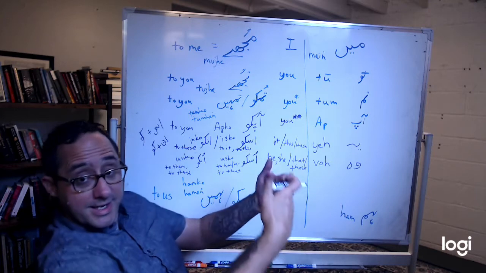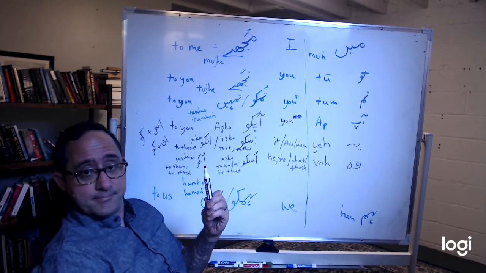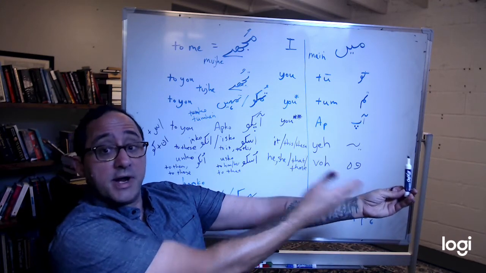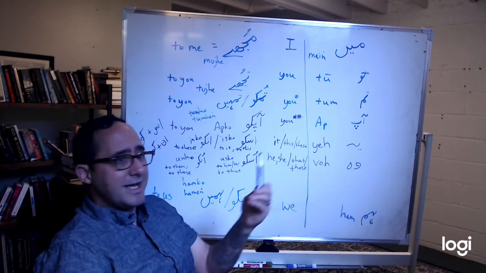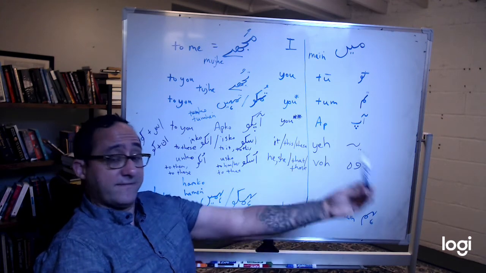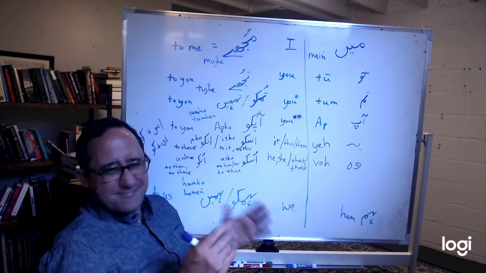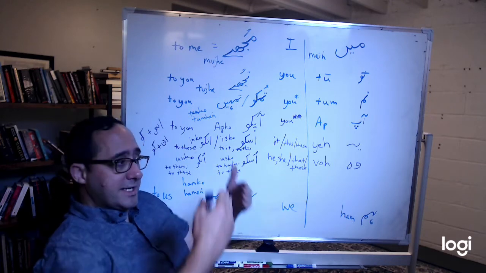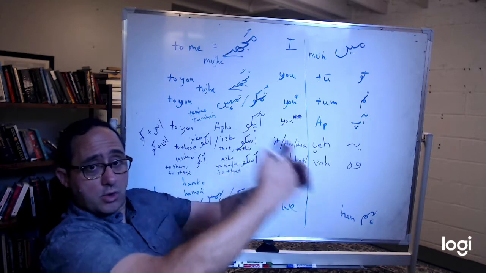Okay, are you starting to get it? So ye pen, vo pen, when it's away from me. But a person is always vo. I don't say ye for a person, I say vo. They're always vo. But things can be here in front of me or far away, and it can be singular or plural.